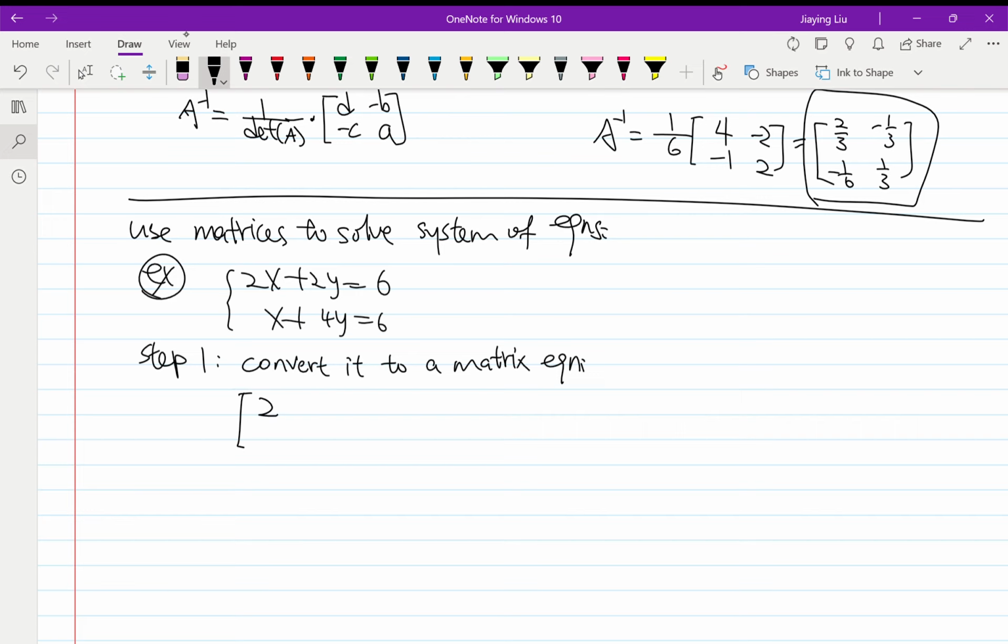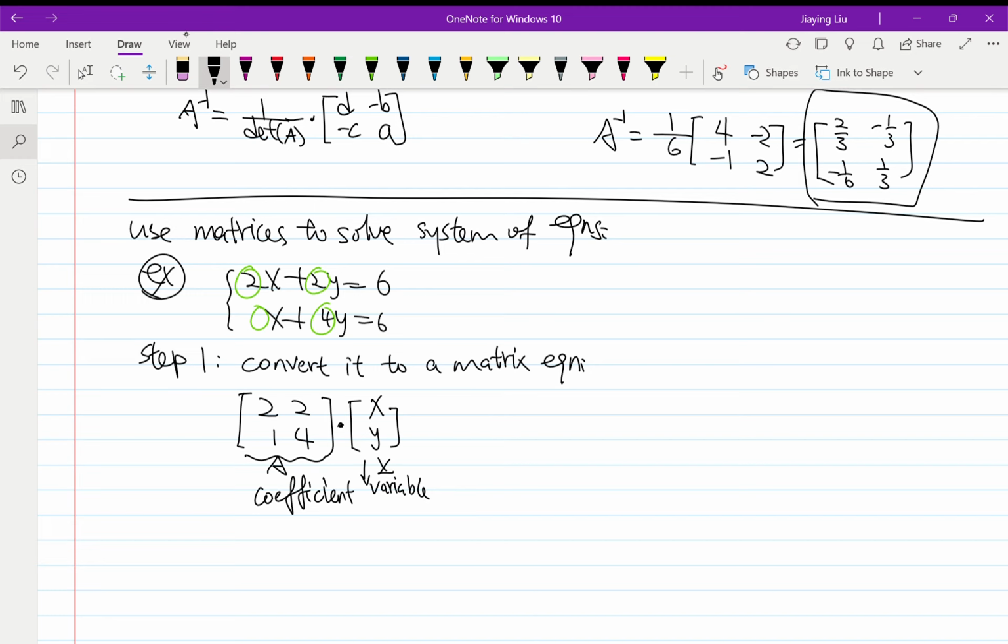So take the 2 in front of the x, 2 in front of the y, and then 1 from the x, 4 from the y. That gives us 2, 2, 1, 4 as a matrix. That's the coefficient matrix. We can call it matrix A. And then we multiply by the variable matrix, which is just x and y.